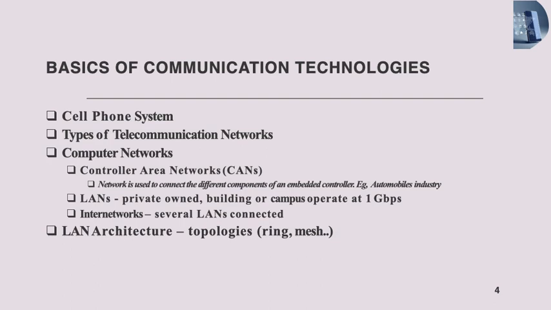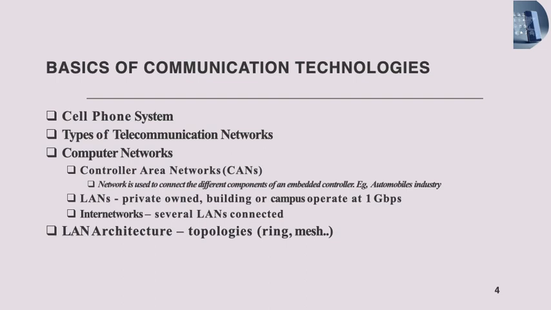In the third point, computer networks, here we have discussed only controller area network and LANs and the collection of LANs, that is internet. Here we can include MANs, metropolitan area networks, WANs or wide area networks and their collection. All types of networks are considered telecommunication networks because we are using these networks for communication, for transferring files from one place to another, or any type of resources, that may be a voice clip, voice notes, or videos, anything.